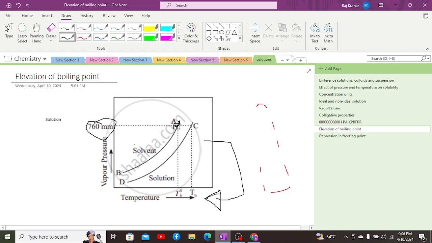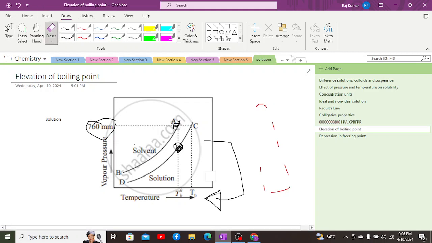But CD will start boiling when the vapor pressure comes over here.